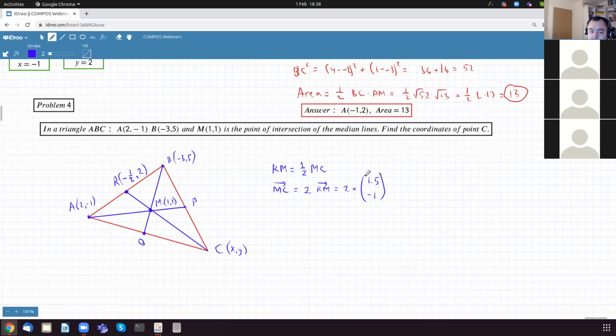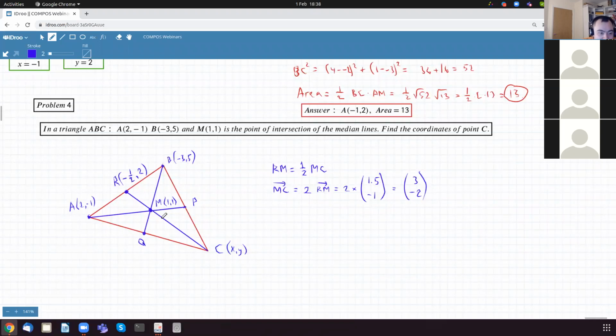Okay. Is there someone who doesn't understand why vector RM is 1.5, -1? Please don't be shy. It's okay not to understand. Hopefully, if you've done assignment 1, you remember what happens here. So 1.5 and -1. So the vector MC is 3, -2.